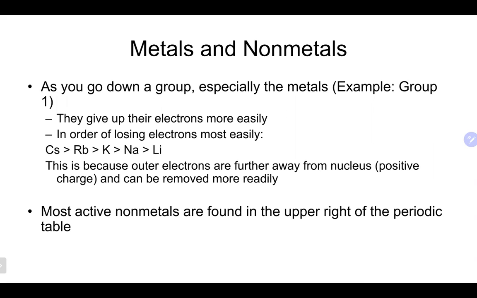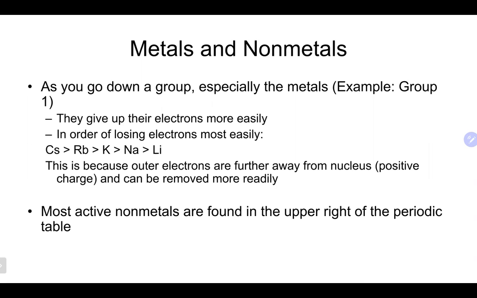The atoms are much larger as well, so they're not held as tightly. The most active metal is typically bottom left of the periodic table, where we see the most reactive metal. For non-metals, the upper right of the periodic table is where we find the most reactive non-metals.